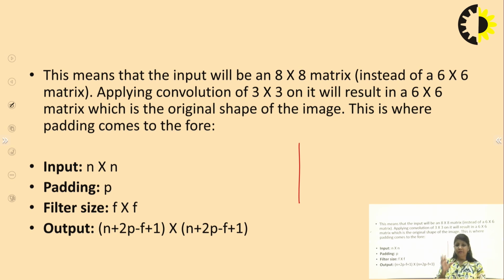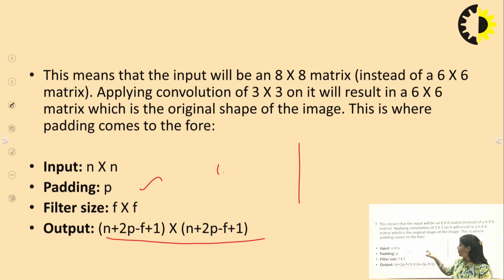If we don't want to reduce our image size, then we can choose the padding bit also. The padding bit can be 0 or 1. Generally we use the 0 bit for padding, and if we apply the padding, then the output image size will be n plus 2p minus f plus 1.